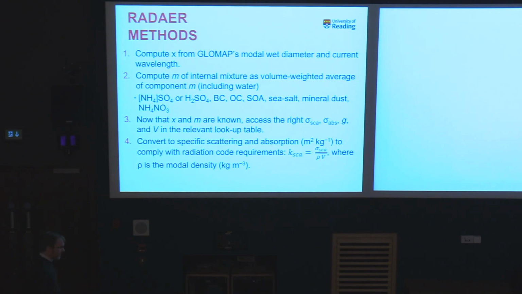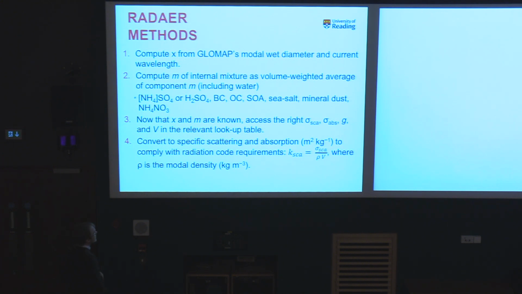So once you have computed your size parameter and your ambient complex refractive index of your aerosol mixture, you know exactly which optical properties to get from the lookup tables, and you get those from the files.